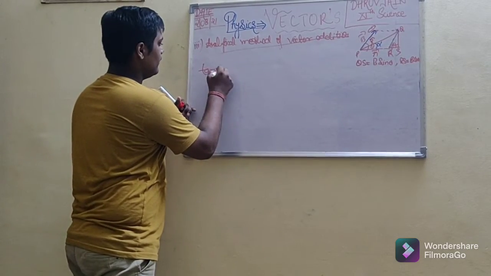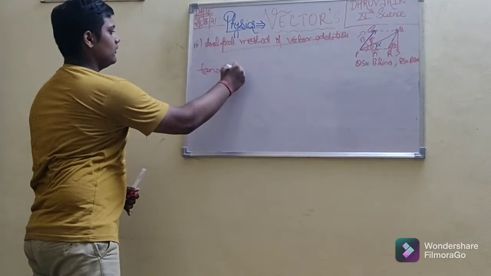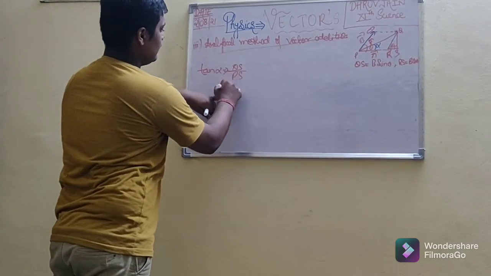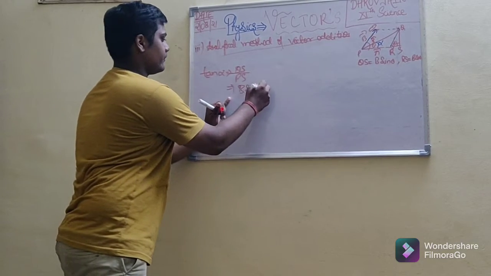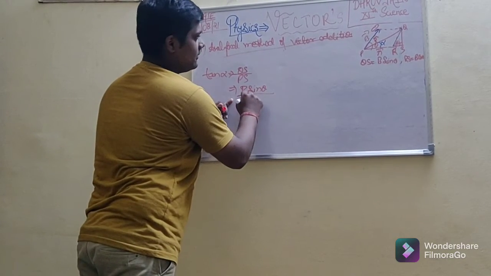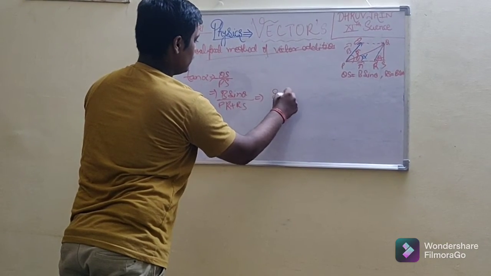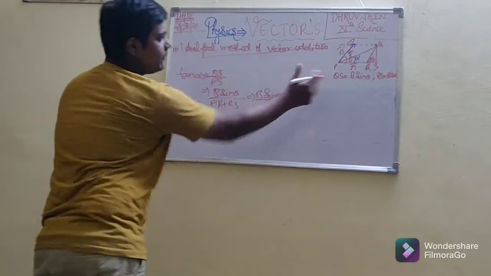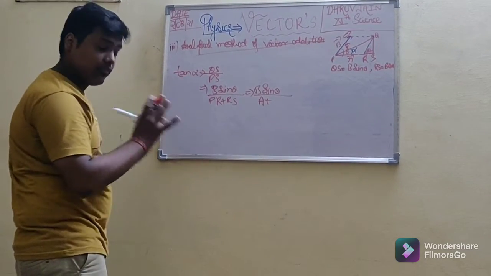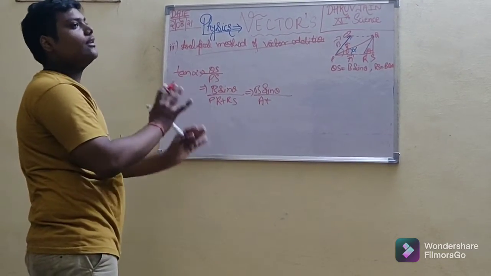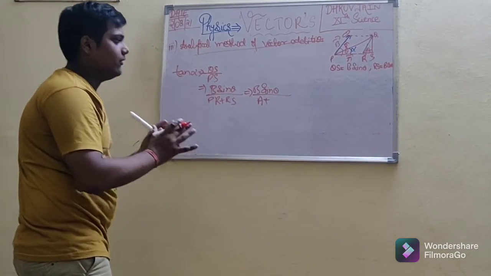Now represent it. Tan alpha equals perpendicular upon base, QS upon PS. QS I have written as B sin theta. PS can be written as PR plus RS. PR is A because it represents only magnitude, not vector. I am repeating again, only and only magnitude.